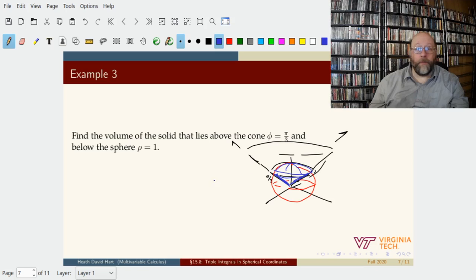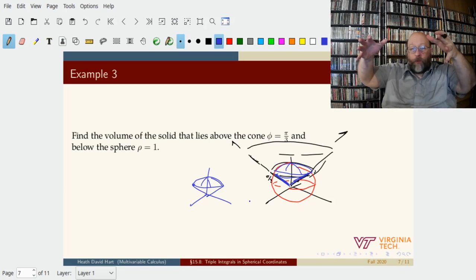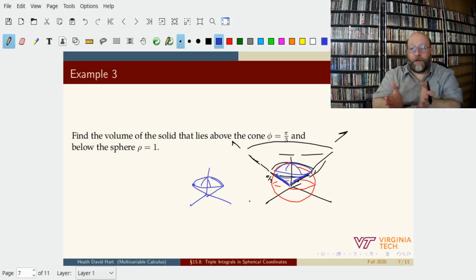Okay, I'm going to draw this again, just to show the piece that we're looking at. That part is a cone, and then we have this sphere that forms the top of the cone. Sphere coming down to where it meets the cone, and then flat the rest of the way down.